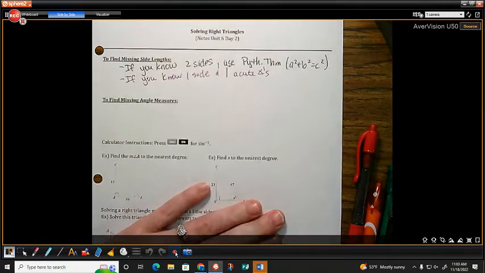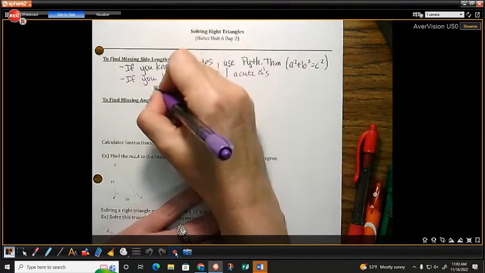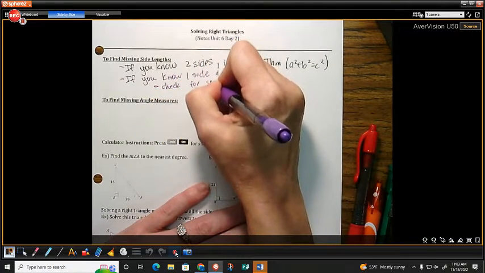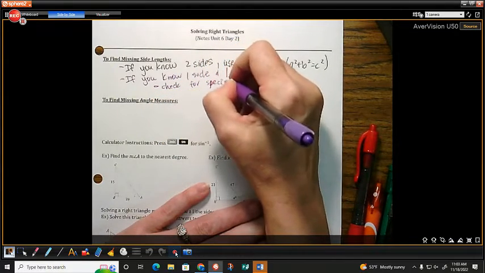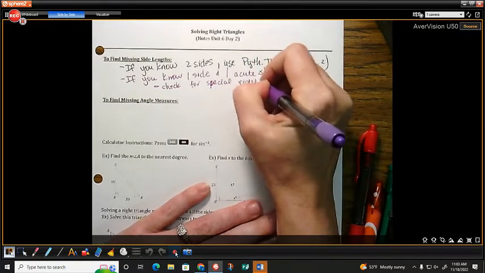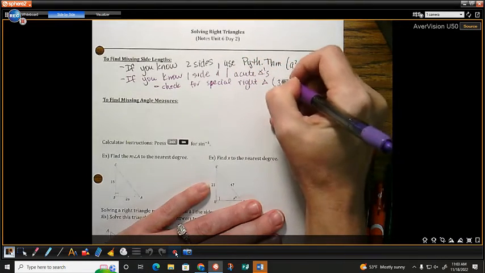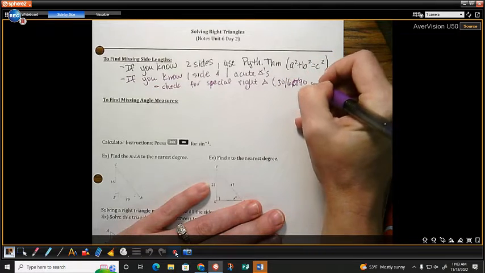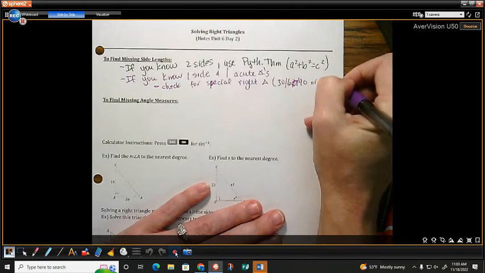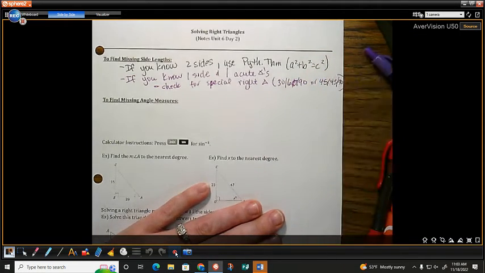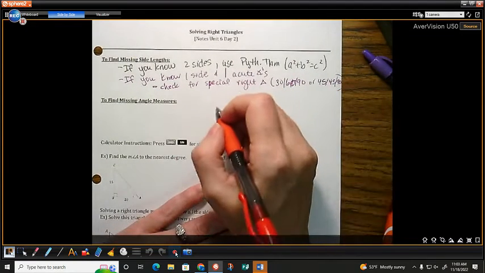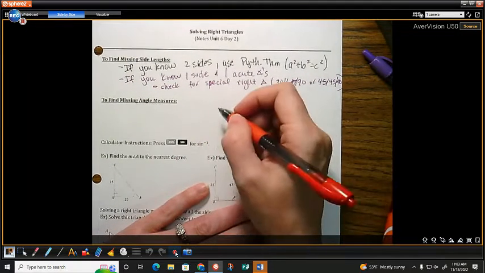Yeah, that's what we did last unit, where you check to see if you have a special right triangle, which is your 30, 60, 90, or your 45, 45. Yep. Okay, so you've got those. Good, we remembered. What if it's not a special right triangle? How are we going to find the missing side?